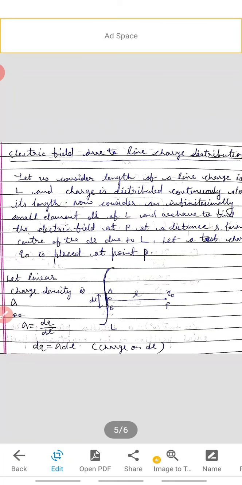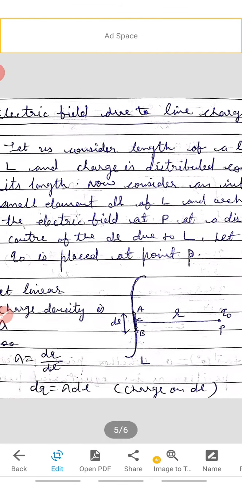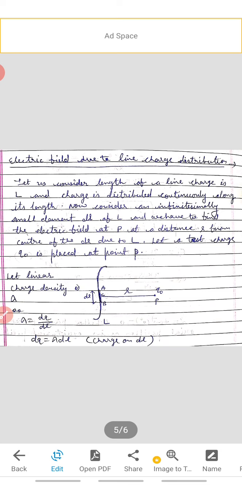Now consider an infinitesimally small element dl of L. Here AB is representing the infinitesimally small element and its length is dl. And we have to find the electric field at point P at a distance small r from the center of the dl due to capital L.